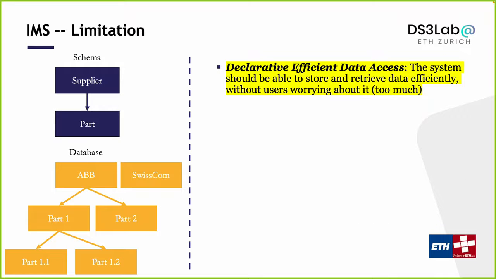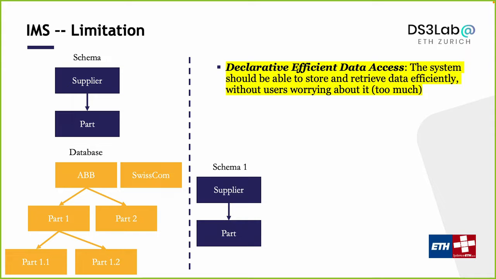So let's talk about performance. Given a query, how much do I need to worry about the performance of that query? This is another property that the hierarchical model is not ideal at providing.